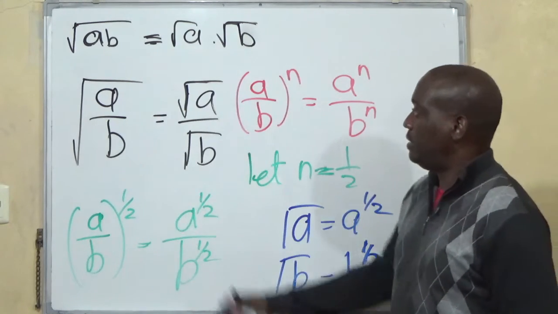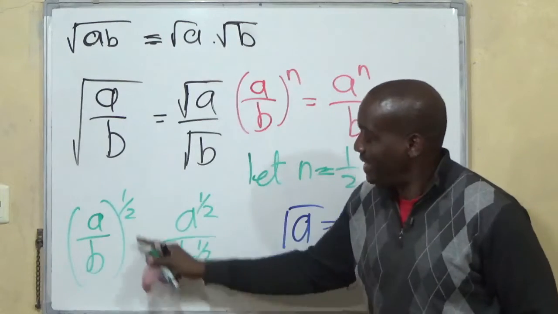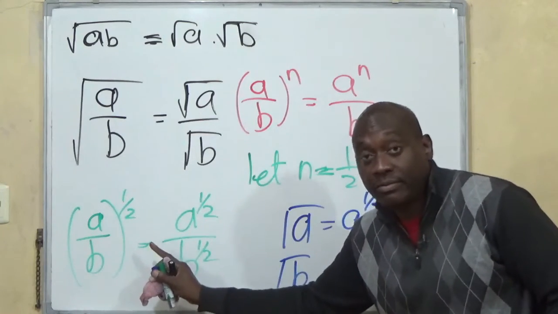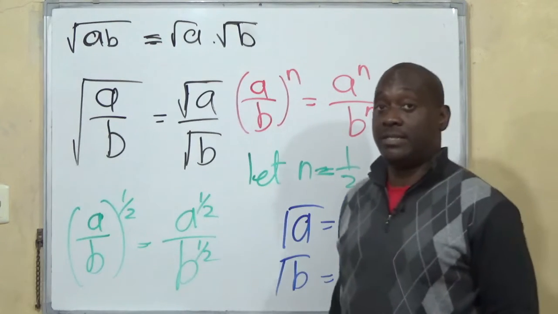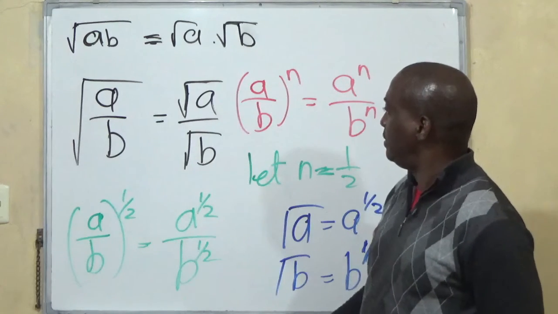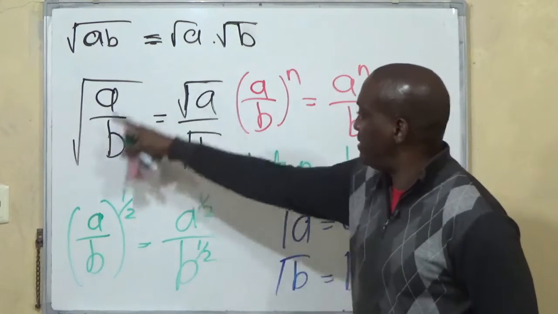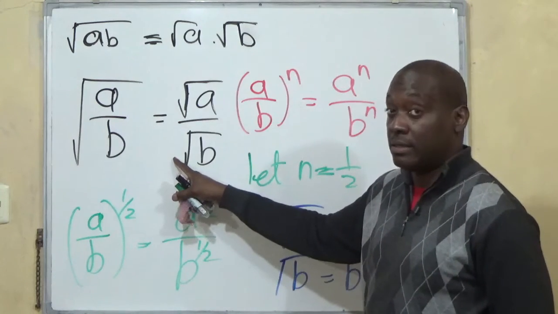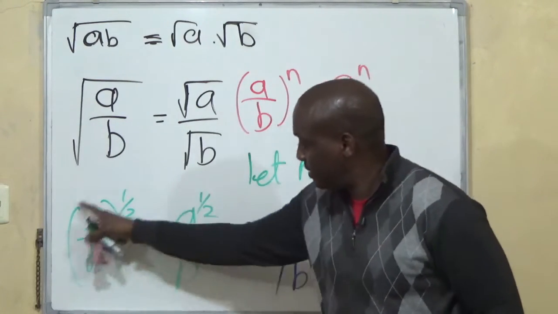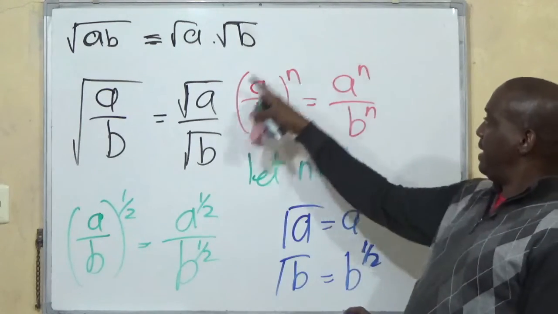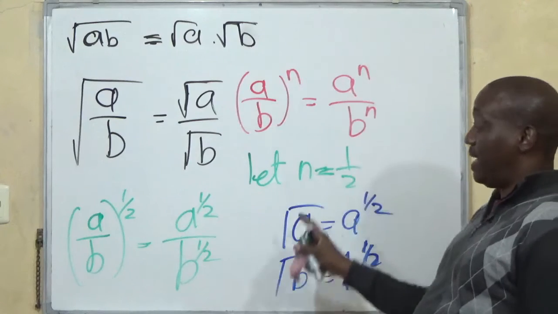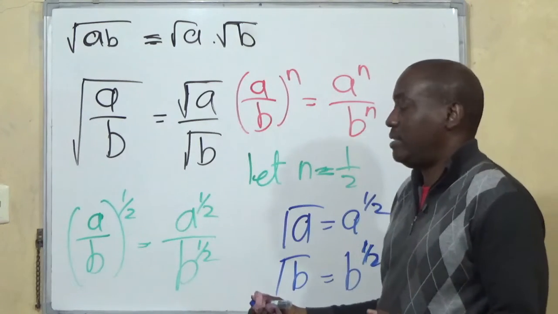And we know that the root of A over B is A over B to the power of a half, according to this logic here. Then yes, you could see clearly that this in black is equal to this in green, which is the same thing as this here, where n is equal to a half. So that's it, right?